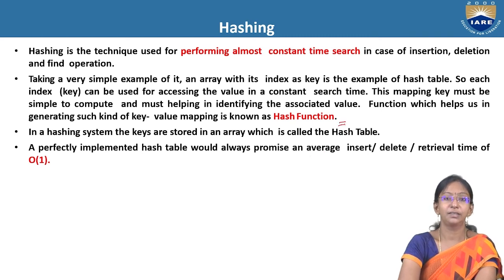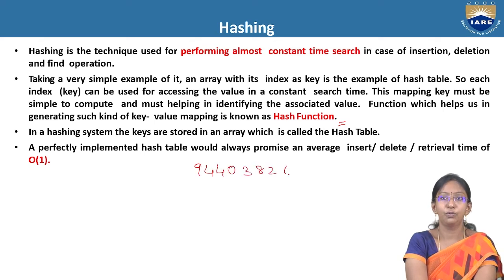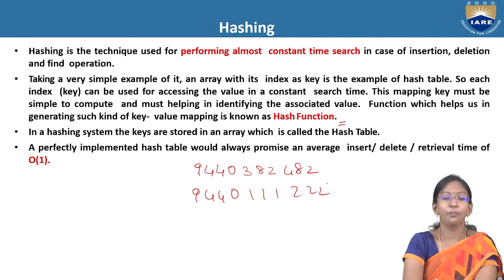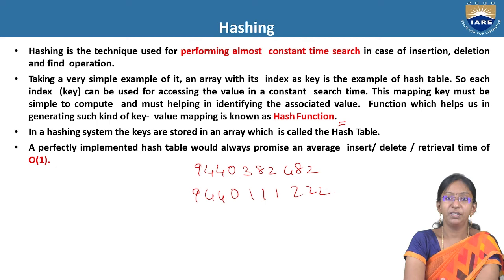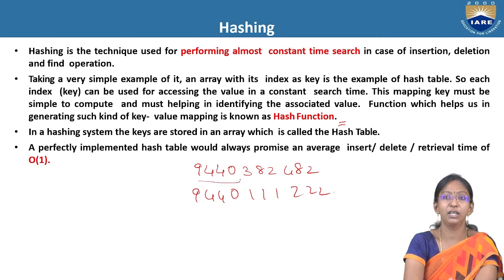For example, say a random phone number 9440382482. I have picked a random number, guys, and the other number is 9440111222. Okay, so my database is very small. To store these values, is it efficient to take the first 4?